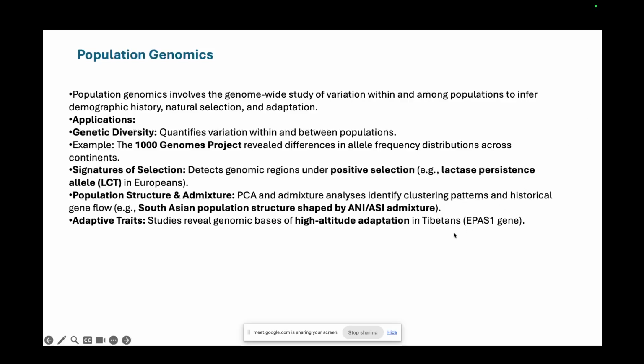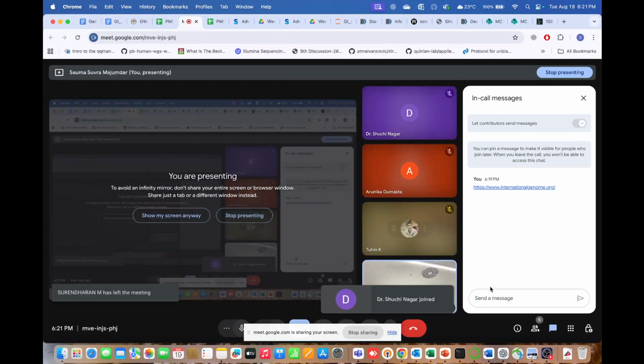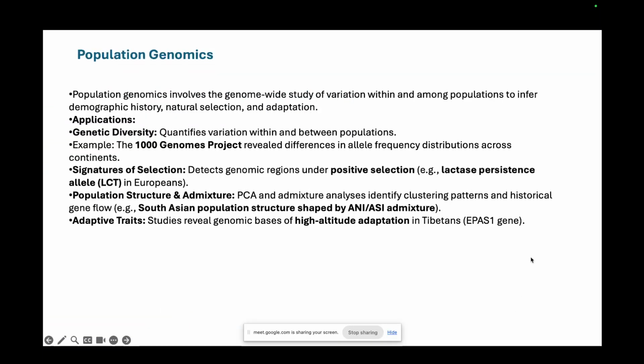Due to the specific nature of the environment that an individual or a population is interacting with, it can take up different adaptations. For example, in Tibeto-Burmans or Tibetans, we have high altitude adaptations of some particular genes.